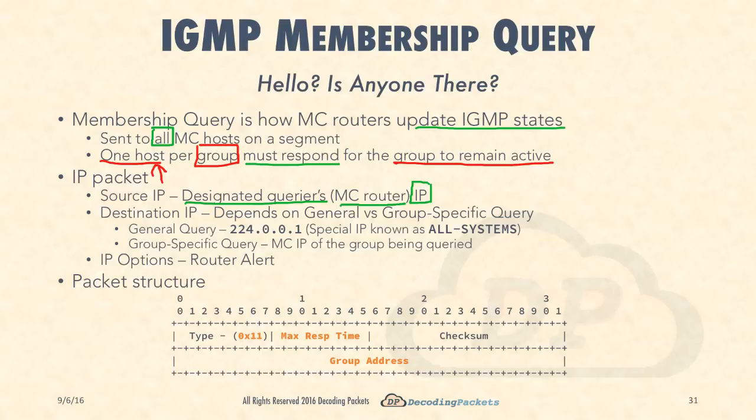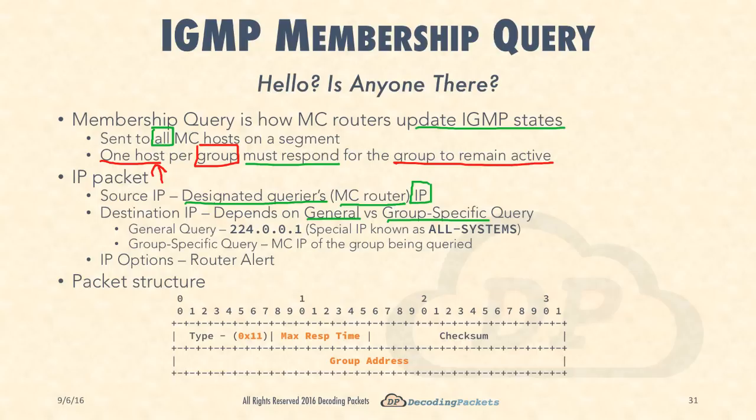Now the destination IP, remember we talked about two different queries: a periodic general query or an event-driven group-specific query. Depending on that, the destination IP is different. With a general query, you're basically doing a health check on all of the multicast receivers, to see if they're still interested in groups.